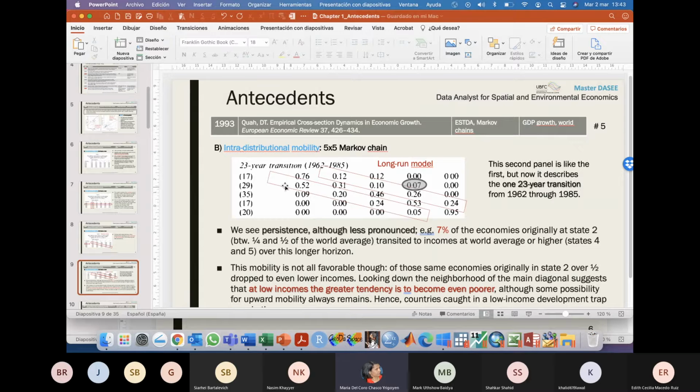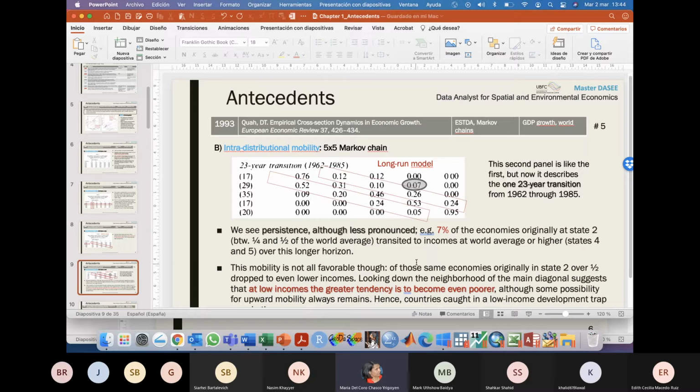What this kind of analysis means is that we have a great variability or heterogeneity in the results. So it's a very fine analysis. In fact, looking down the neighborhood of the main diagonal, this square that you can see here in red, it suggests that at low incomes, the greater tendency is to become even poorer, although some possibility of upward mobility always remains.